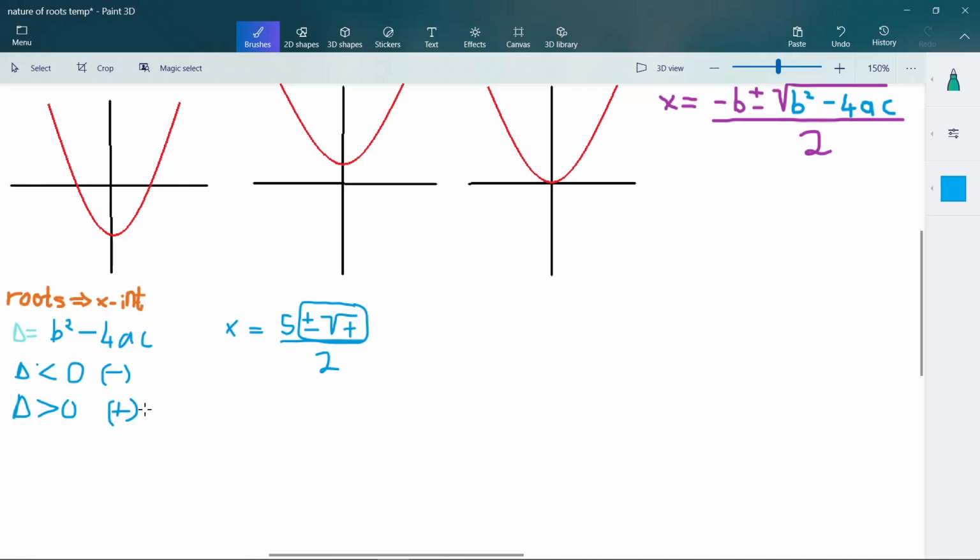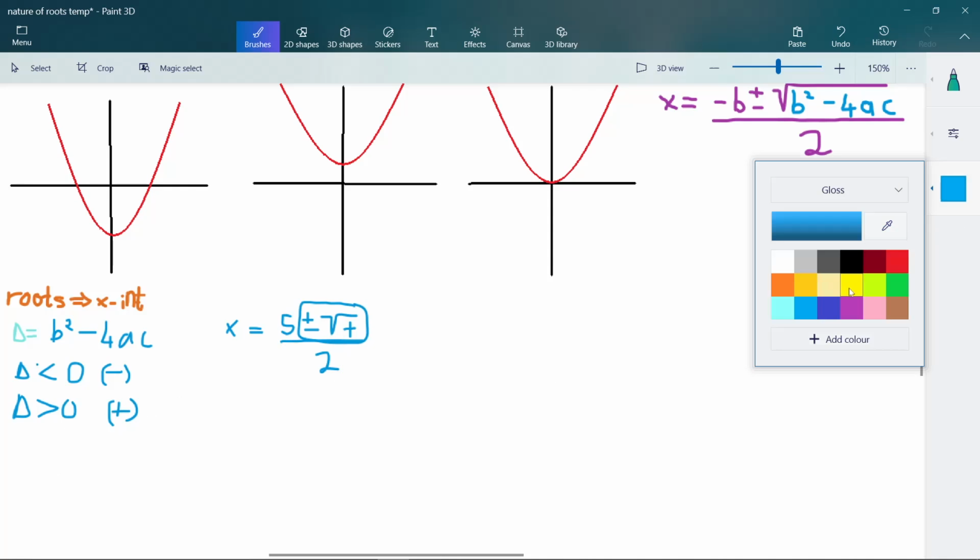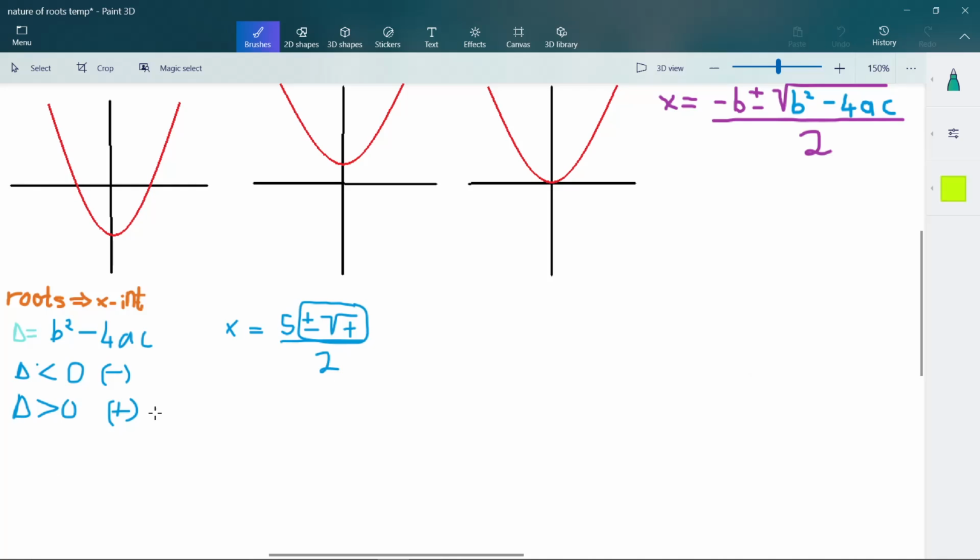So what you're going to find out is that the roots will be real, a defined number. The roots are real, and a real number can be rational or irrational.